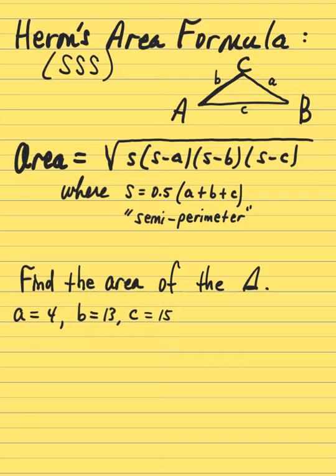And then you have three consecutive sets of parentheses where you take the semi-perimeter and subtract each of the three sides one at a time from it. Multiply all that together, take the square root, and you've got your area. So anytime you're asked to find the area of a triangle using Heron's formula, your first move is to find the semi-perimeter.